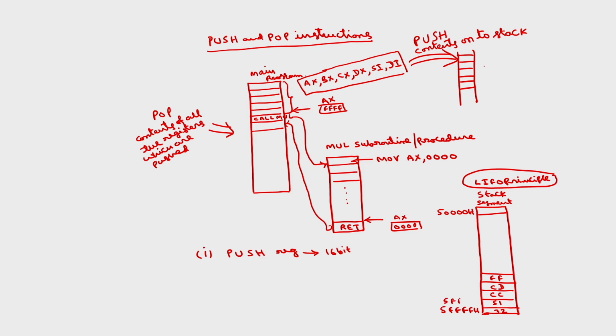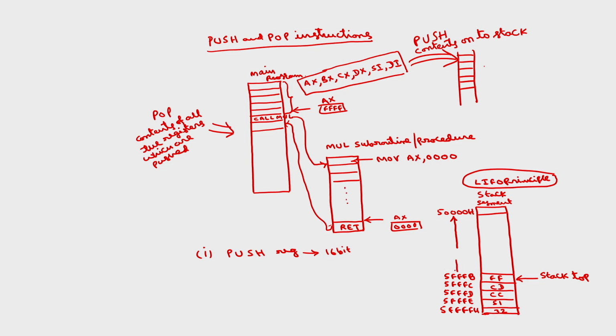This will be 5FFFE, this will be 5FFFD, this will be 5FFFC, this will be 5FFFB. The location up to which the data is full is called the stack top. The stack pointer holds the offset from the starting of the segment to the stack top.